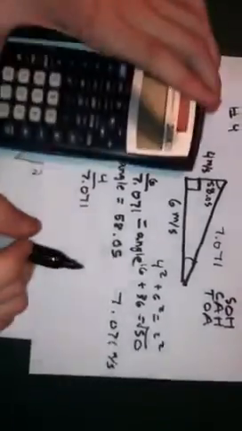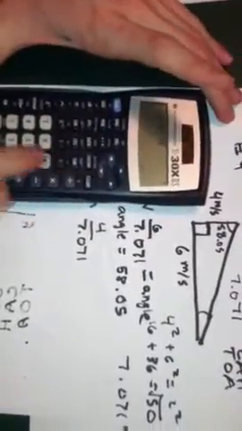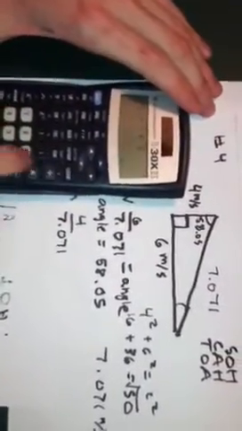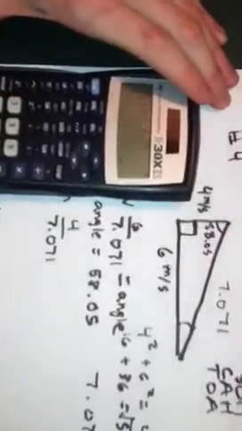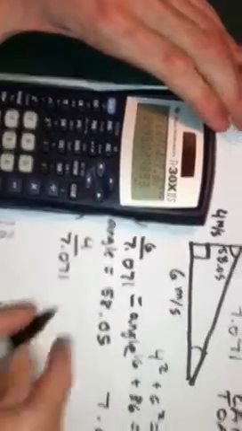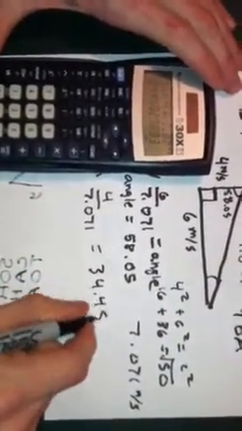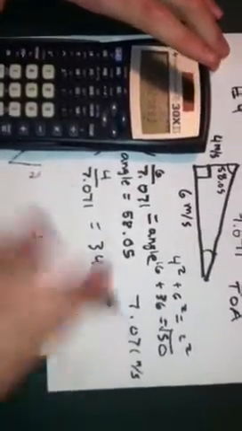Again, I'll do this in the calculator. It's inverse sine, 4 divided by 7.071, which will get you about 34.45 degrees. That's going to be your angle.